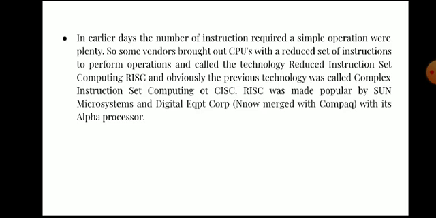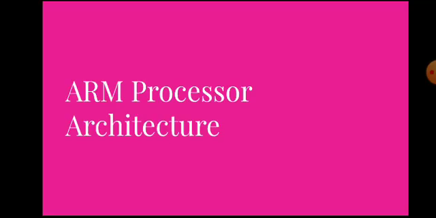And obviously, the previous technology was called complex instruction set computing, CISC. RISC was made popular by Sun Microsystems and the Digital Equipment Corp, now merged with Compaq, with its Alpha processor.